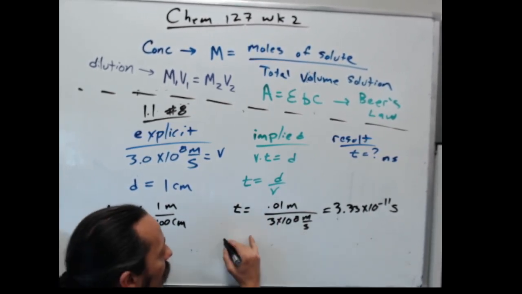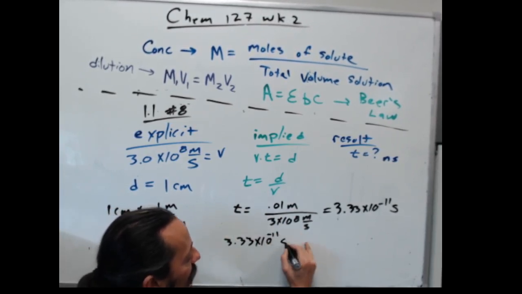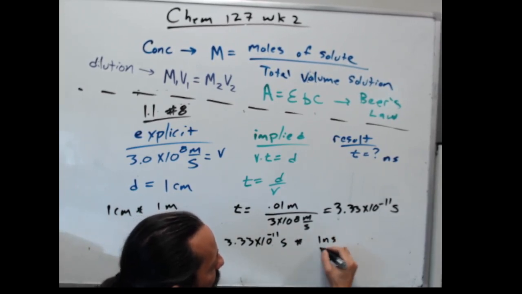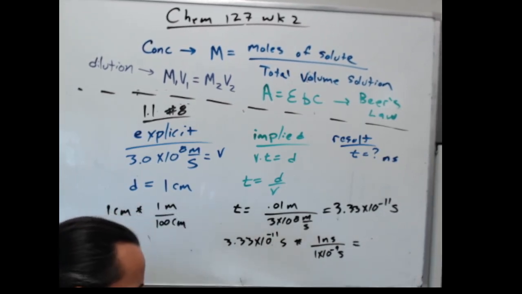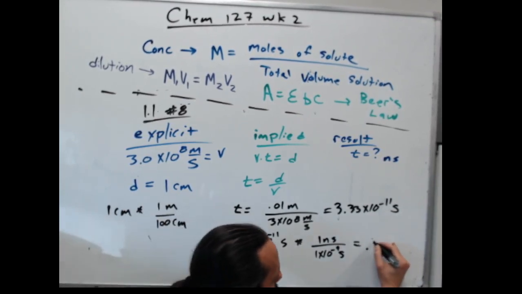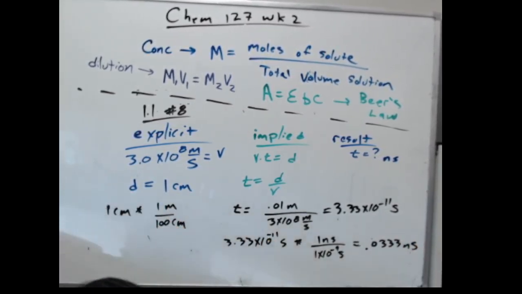Now I'm going to take this 3.33 times 10 to the negative 11 seconds, and I'm going to say 1 nanosecond is 1 times 10 to the minus 9 seconds, so divided by 1 times 10 to the minus 9. And I'm going to get 0.0333 nanoseconds. Hopefully I did that right. I thought it was longer than that, but I might just be remembering it wrong.